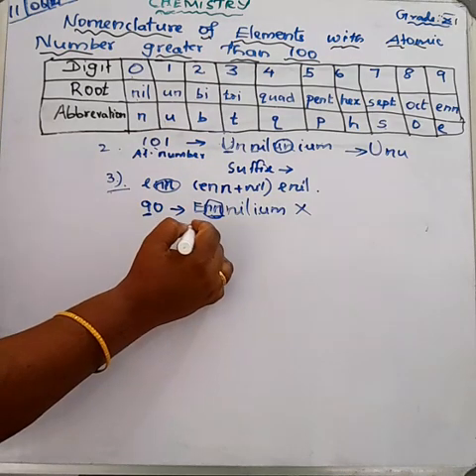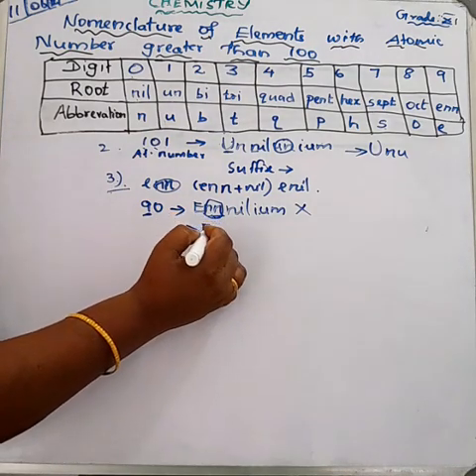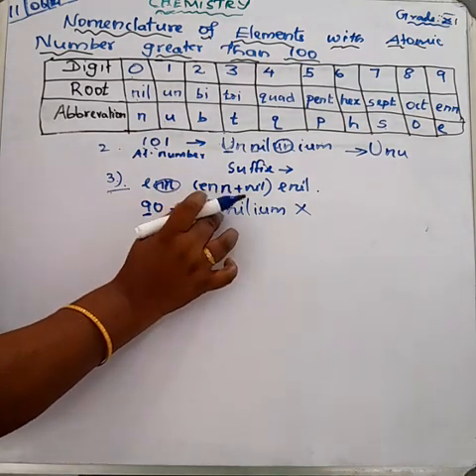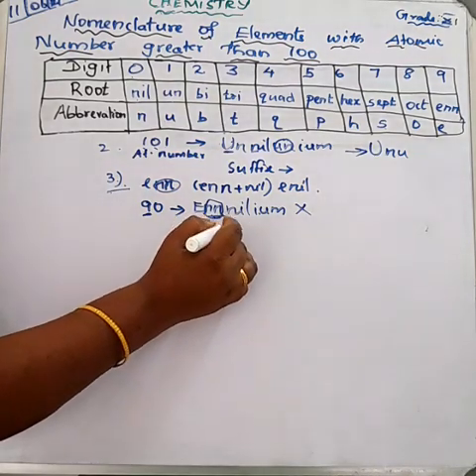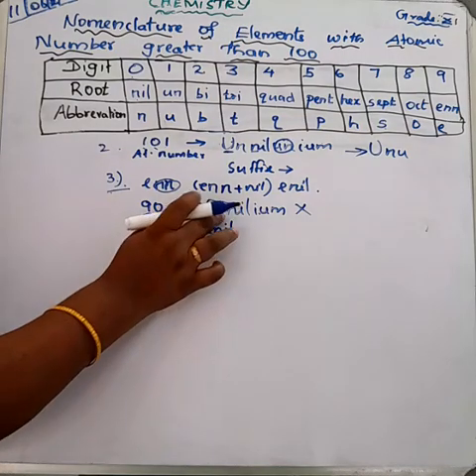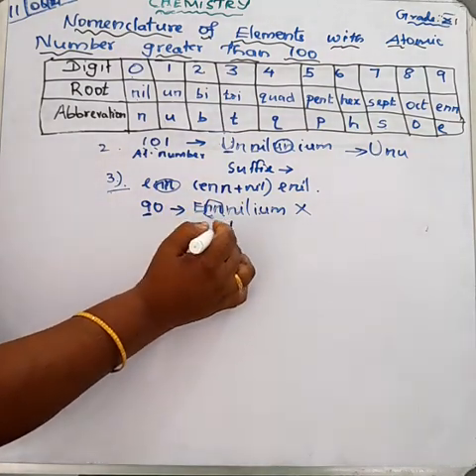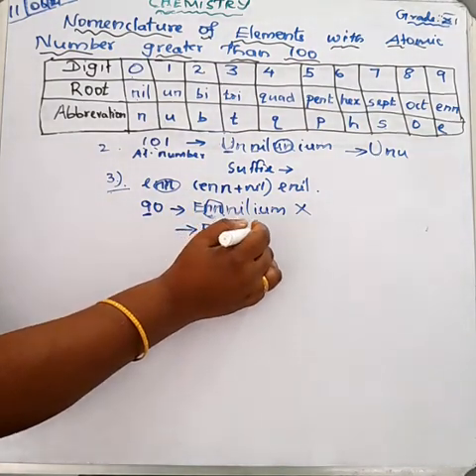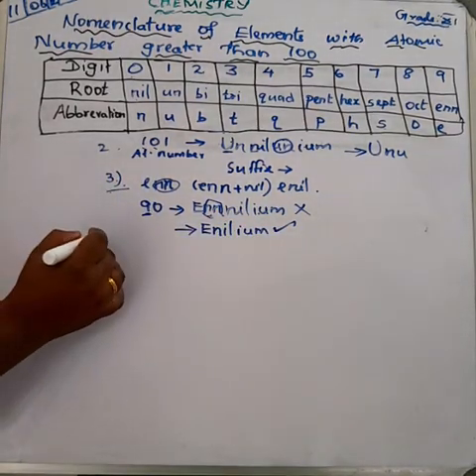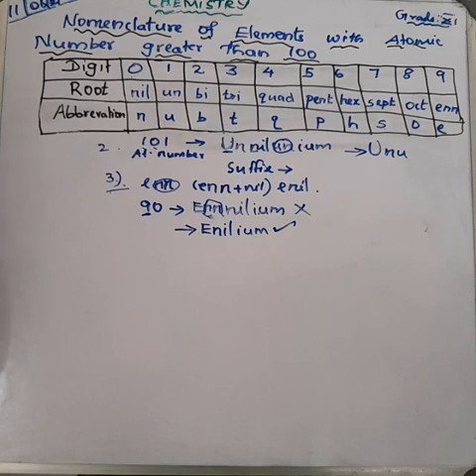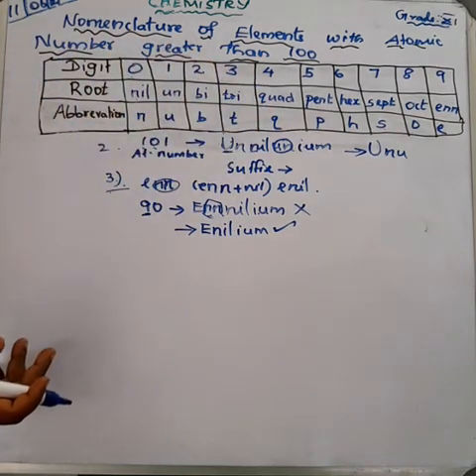The final n of enn is omitted when it is written before nil. So we can write Enilium. Similarly, the final i of bi and tri is omitted when it is written before ium.